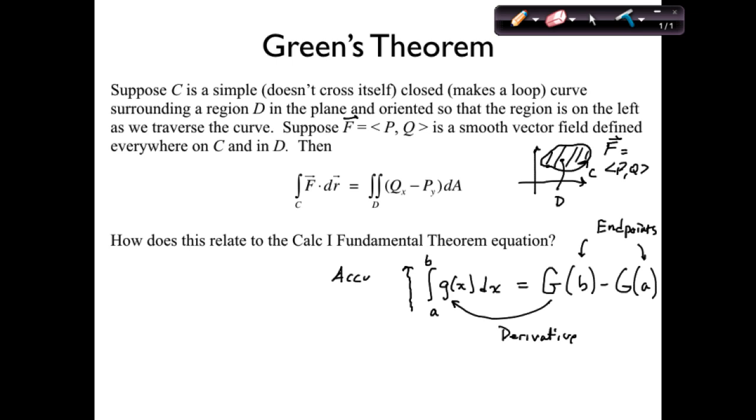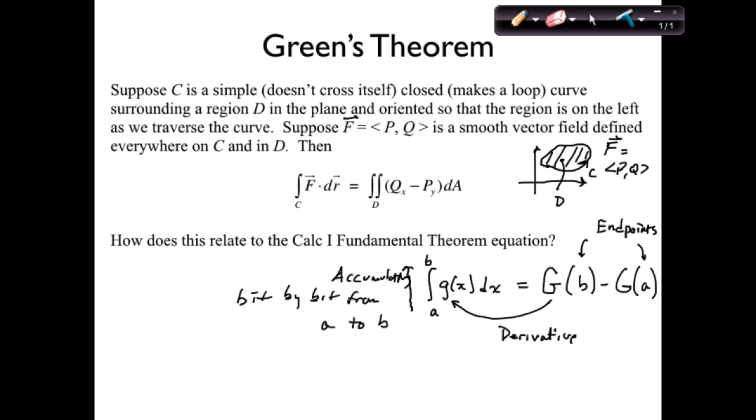So on the left side, we're accumulating bit by bit from A to B. And then on the right side, all we need is the actual function value at B minus the function value at A of the antiderivative to calculate the same thing.